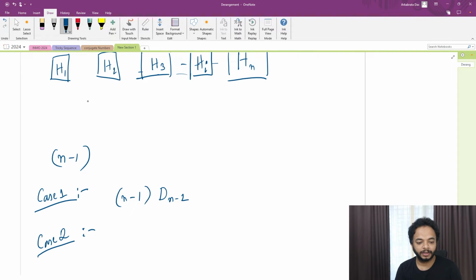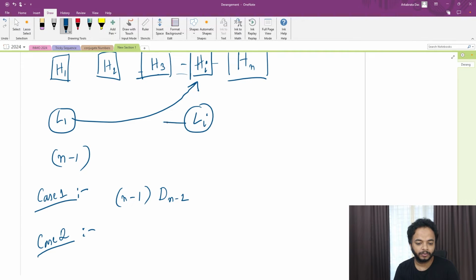So here I have my letter L1 which went to some ith house, and in the first case that letter Li went to house 1. Now in the second case I'm saying that the other possibility is that it won't go to house 1. So then I have to think in how many ways the rearrangement can happen.